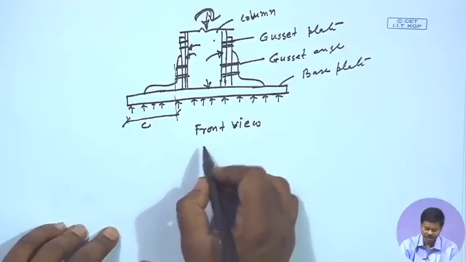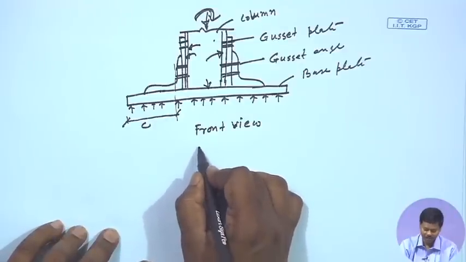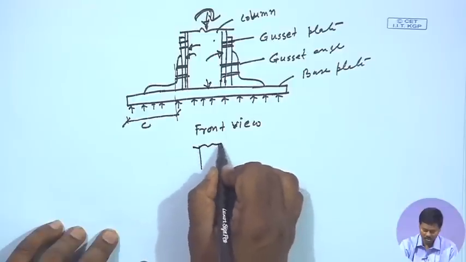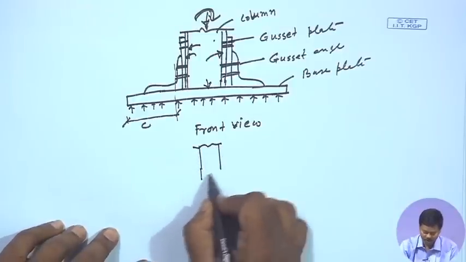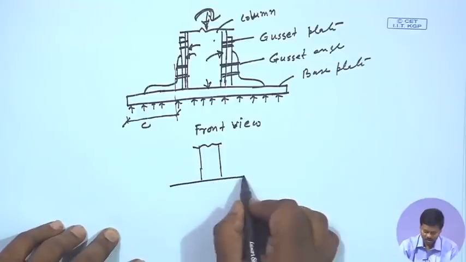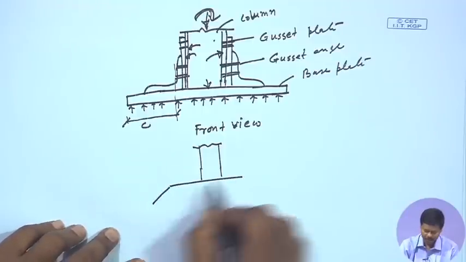Now, if we see the side view, we can see how the gusset plates are connected.